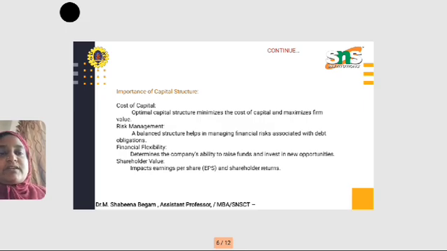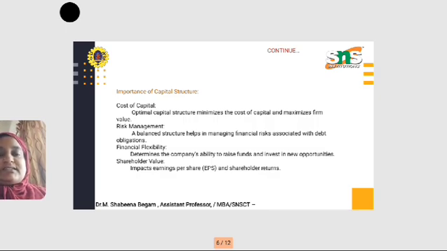The importance of capital structure: it enables an organization to frame its cost of capital. An optimal capital structure minimizes the cost of capital and maximizes the firm's value. Secondly, there is risk management: a balanced structure helps in managing financial risk associated with debt and obligations. So he has to plan what is to be invested and how he is going to repay it.